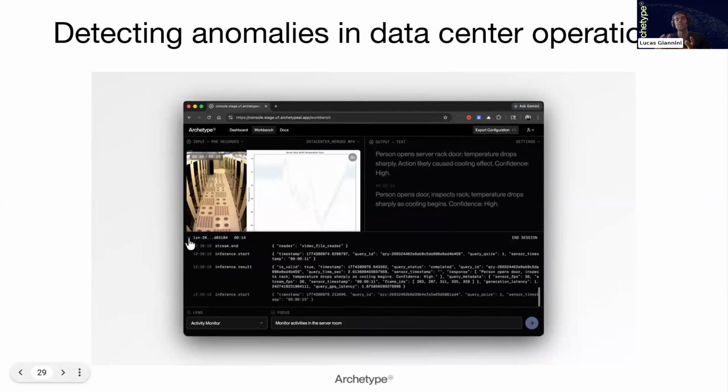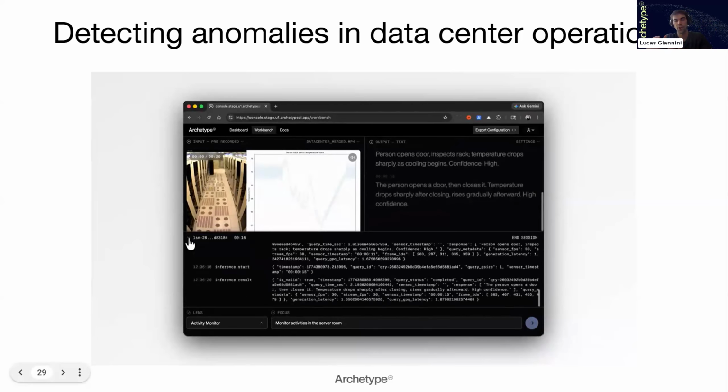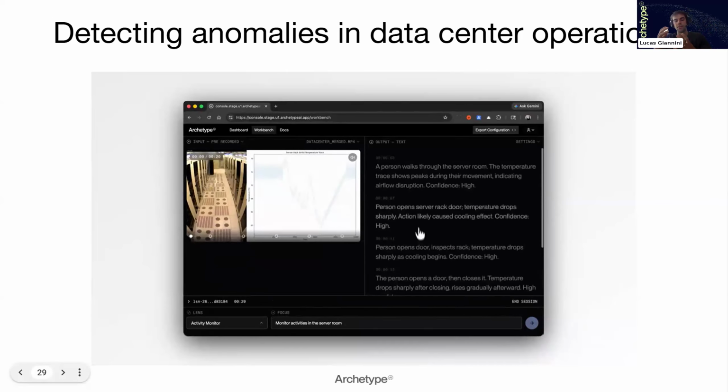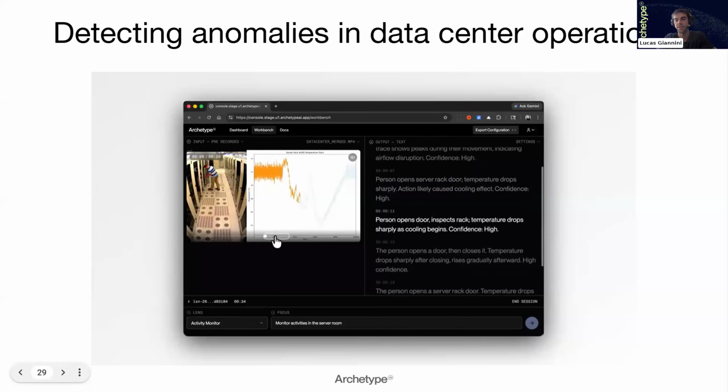So it's not just about flagging a big drop in temperature, it's actually reasoning and comparing the drop in temperature with the fact that someone is walking through the room, opening the door and interacting with that environment, which very likely caused that drop. As I said, that use case is great to showcase this multimodal sensor fusion capability.